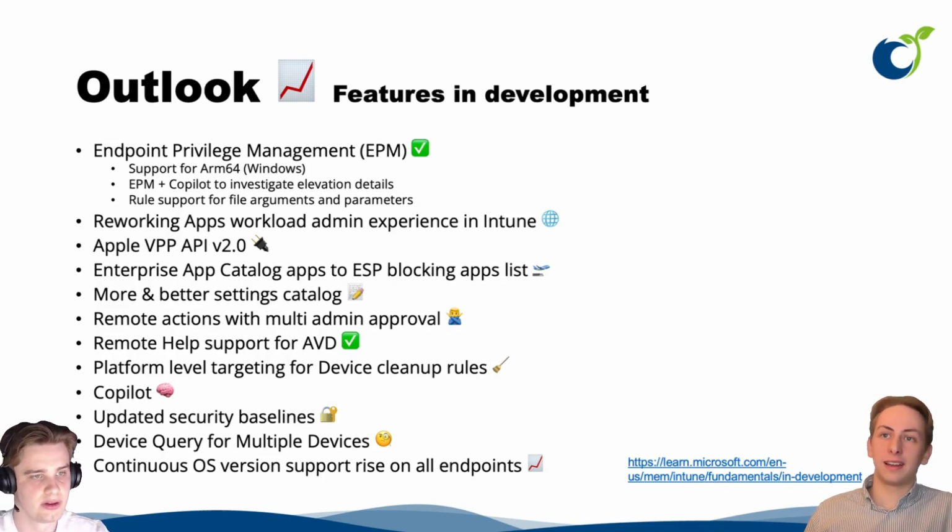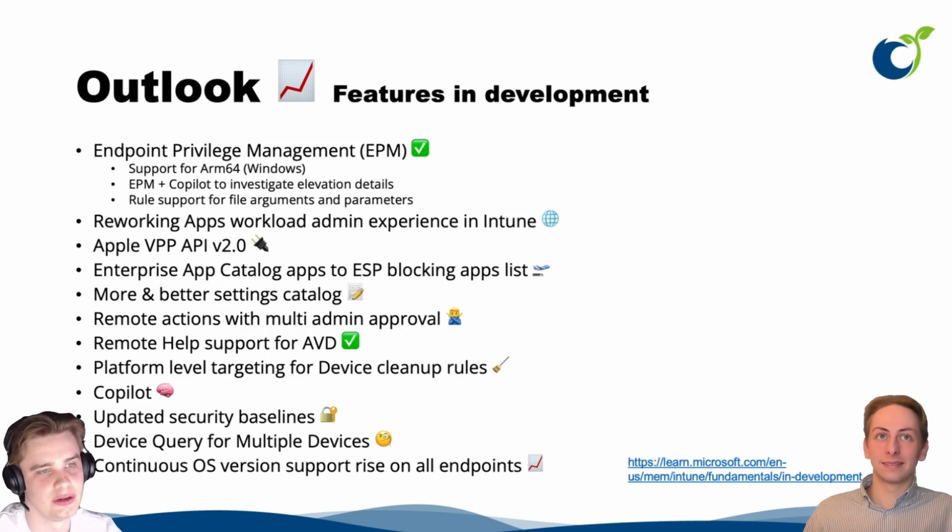Yeah, exactly. And now for the future, let's have an outlook. So let's each pick one, and then make a little ping pong here. Yeah, so to start off with endpoint privilege management, hopefully we will see soon support for ARM64 devices. That's really going to be cool. But also to collaborate with Copilot.